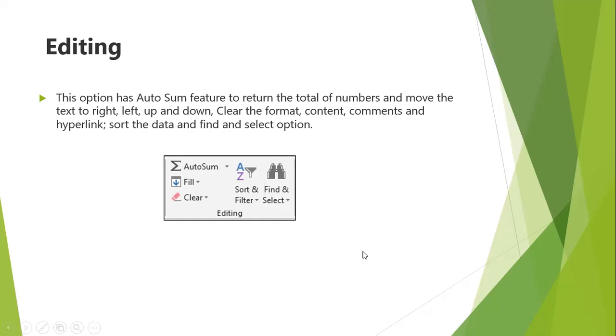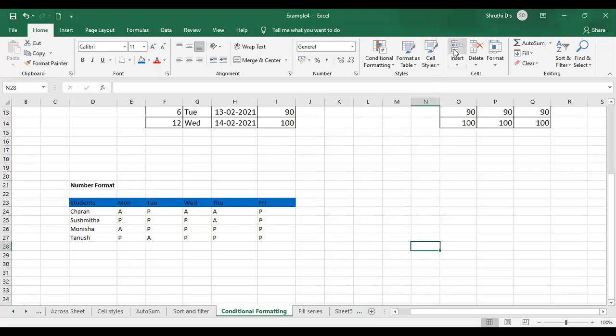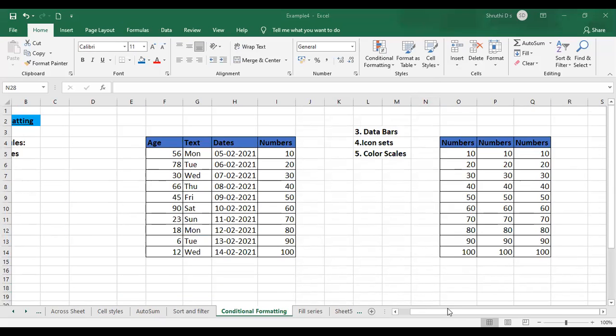Now we'll start with conditional formatting, as I told you. Let us move to our Excel sheet. The first one, as I mentioned, is conditional formatting.